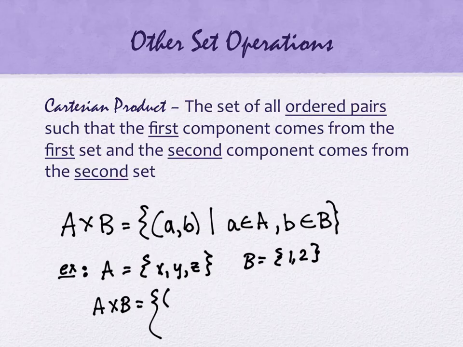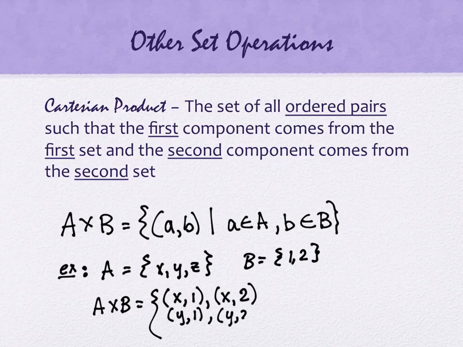So I take an element from A and I group it with an element from B, X1. I can also take an element X and I could group it with the number 2. This is all one-to-one correspondences, which should sound like something we've done before, right? And then we can do this with Y. Y could be grouped with 1. Y could be grouped with 2. Or Z. Z can group with 1. Z can group with 2.